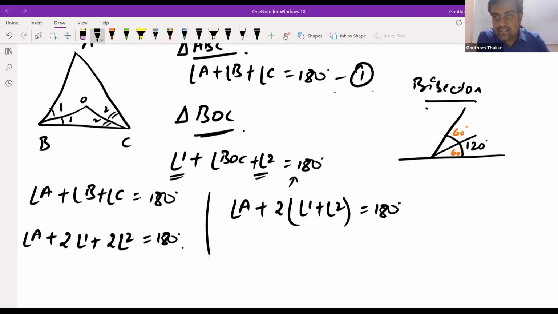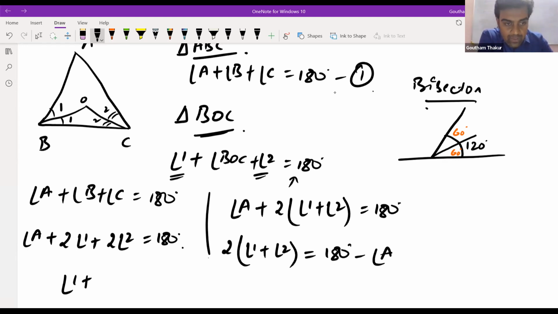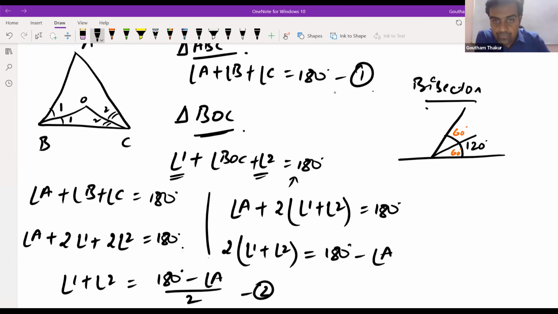If you shift that angle A to the other side, it is 2 times of angle 1 plus angle 2 is equal to 180 degrees minus angle A. And angle 1 plus angle 2 is equal to 180 degrees minus angle A, whole divided by 2. This is my equation 2. Let me take this as equation 2 and I'll mark this as equation 3.